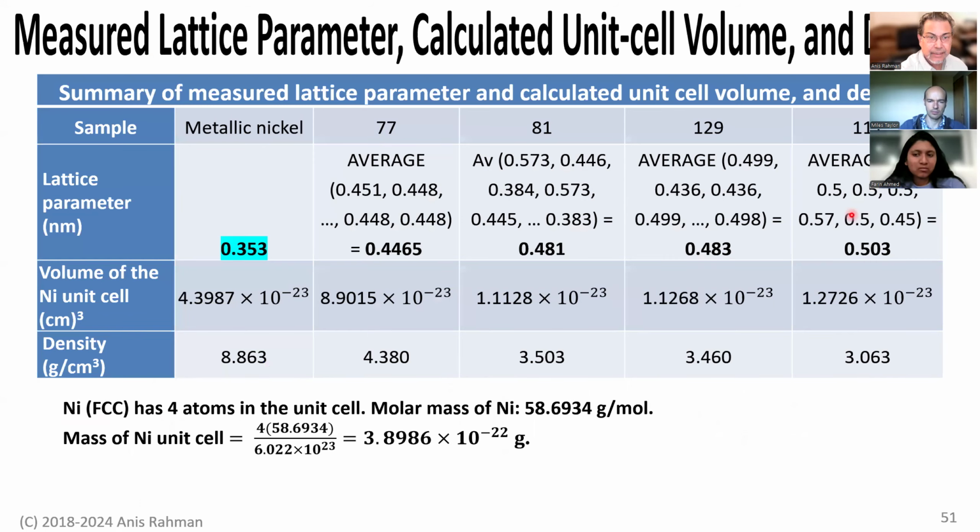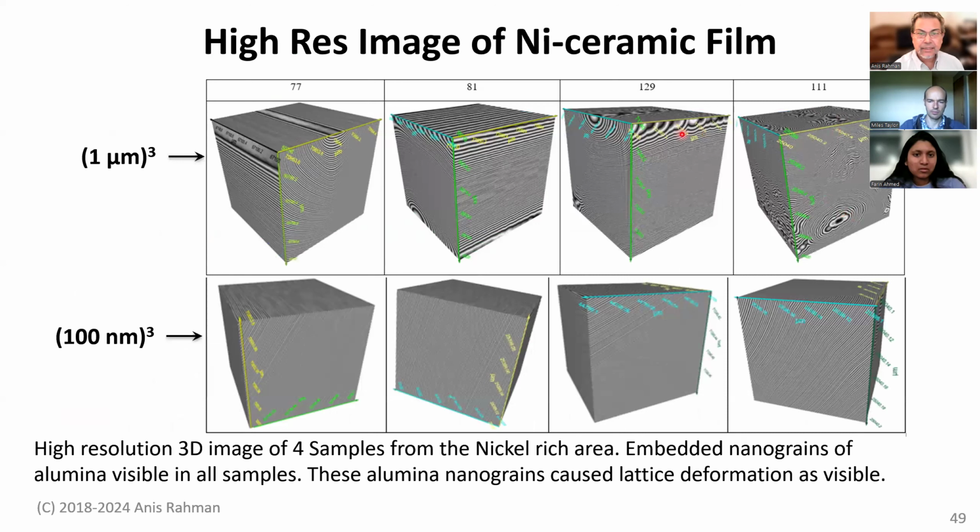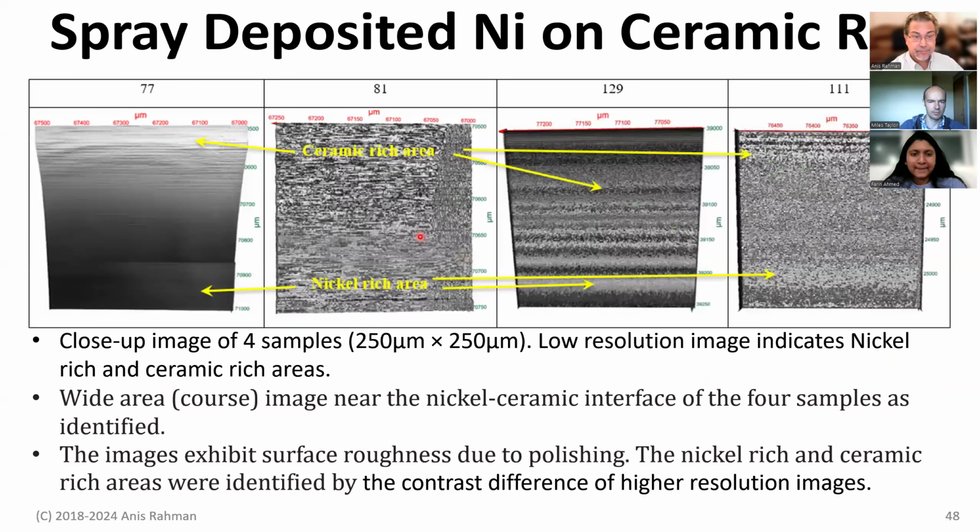This lattice deformation is happening because of the alumina inclusion in the nickel. For example, when the alumina is embedded within the nickel, the nickel lattice has suffered distortion. In other cases, where alumina is not all that pretty either.